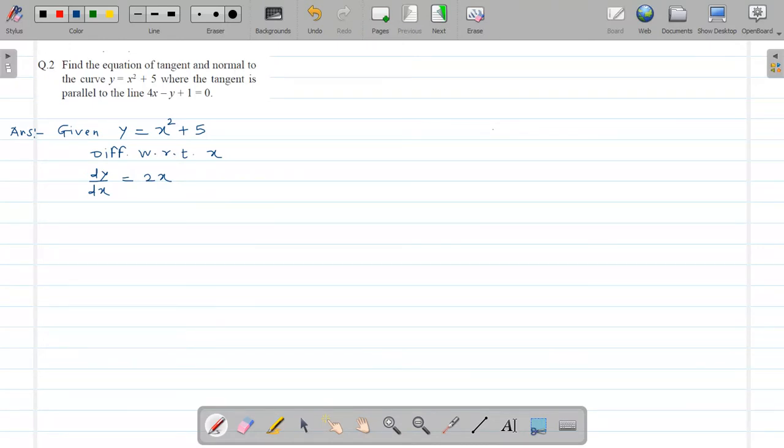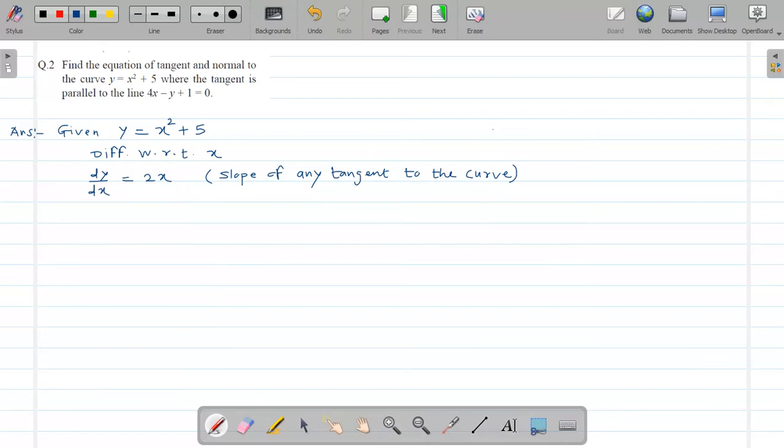Now we know that this is the slope of any tangent to the curve. Okay. Now the condition on the tangent is given that the tangent is parallel to the line 4x minus y plus 1 is equal to 0.